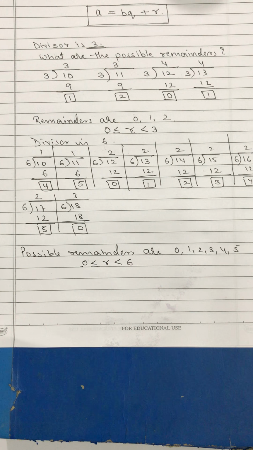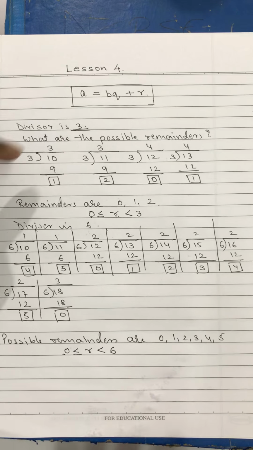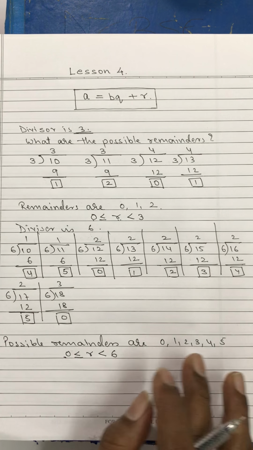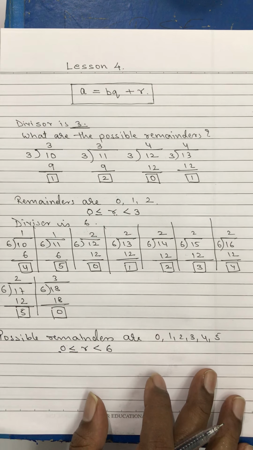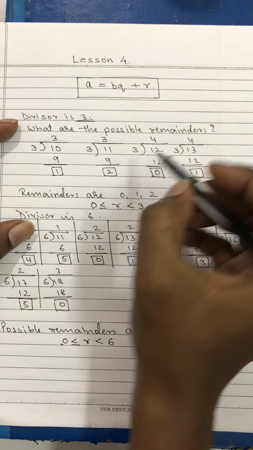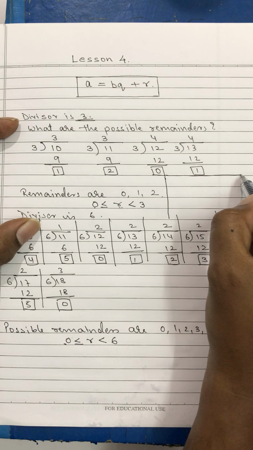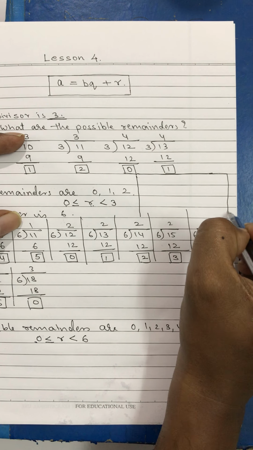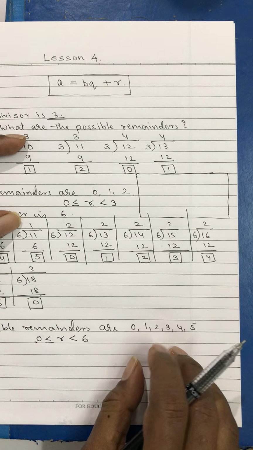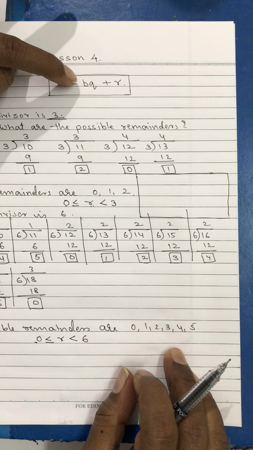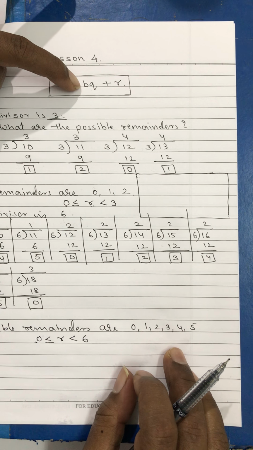So why am I doing this? Because whenever a number is divided by 3, the divisor is 3.